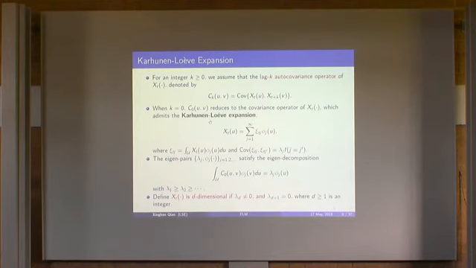Here we assume that the eigenpairs lambda and phi are the eigenvalues and eigenfunctions of the covariance operator, and that lambda follows a non-increasing, decaying sequence.